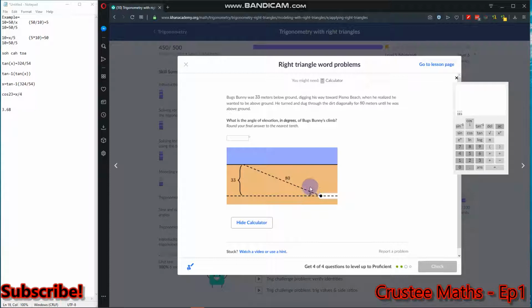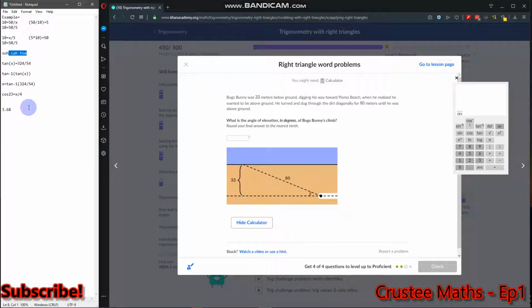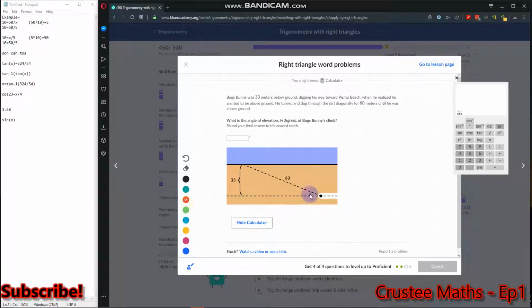What is the angle of elevation in degrees of when Bugs Bunny climbed? So we know the hypotenuse and the opposite side of the angle.